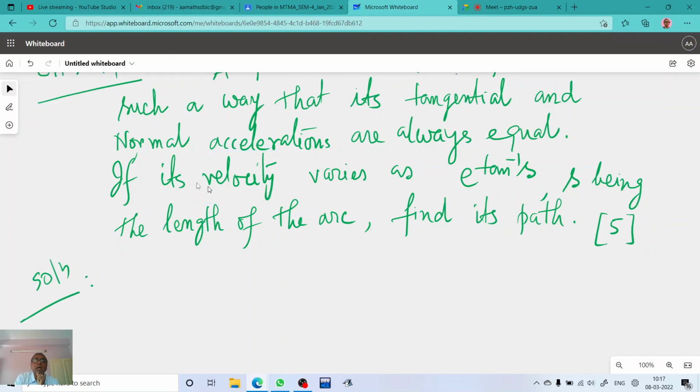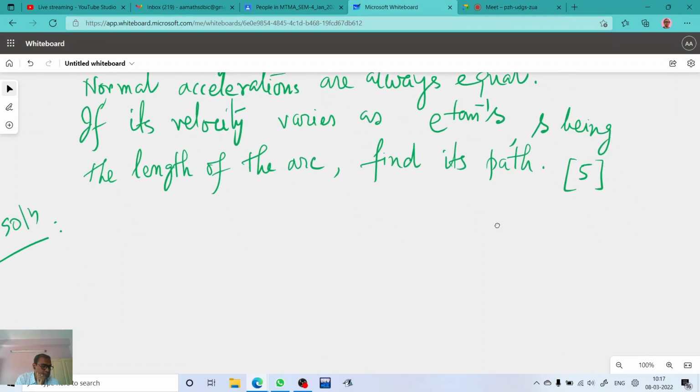Here velocity varies as e to the power tan inverse s.